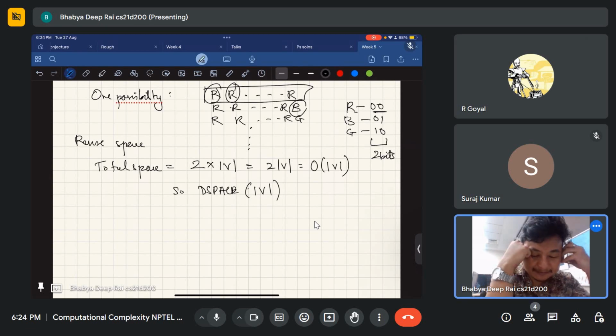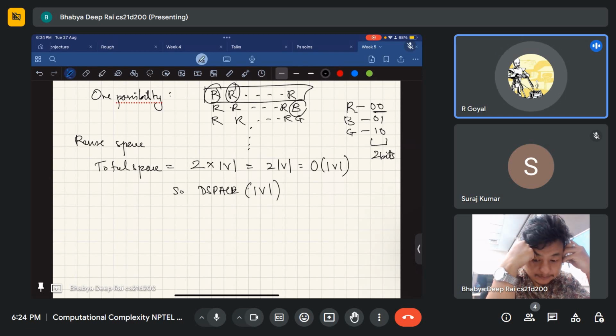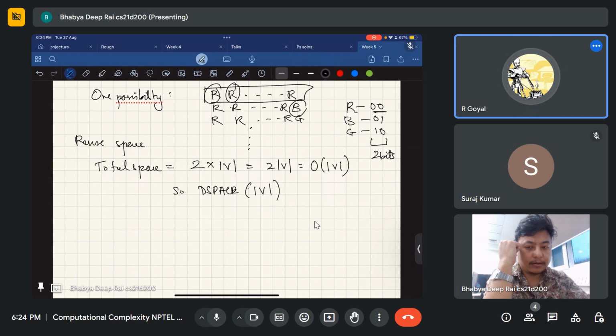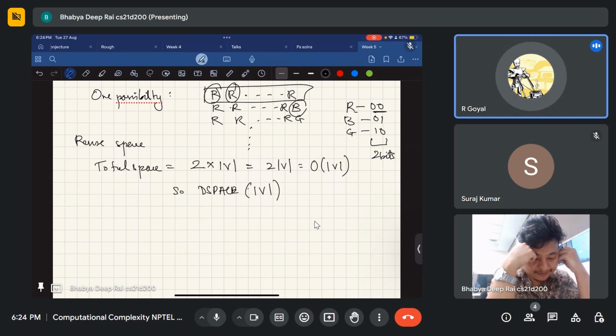I just need to check the colors of the 3 vertices, at the most 4 vertices, to see whether the color of all those vertices is the same or not. So I would be requiring space of the order of log v here.